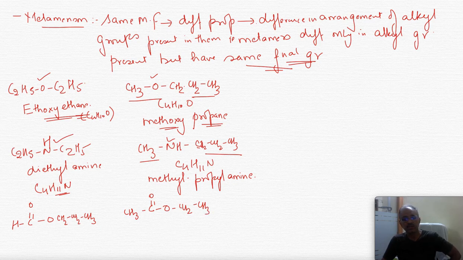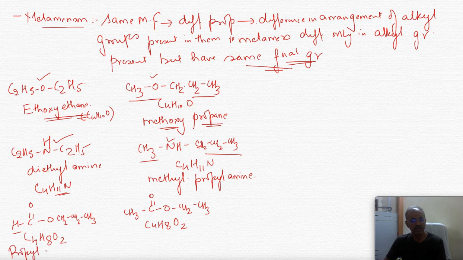Take 1, 2, 3, 4 carbons, C4H8O2. Here 8 H and O2 we have seen, and C4. Fine. This is known as formate.